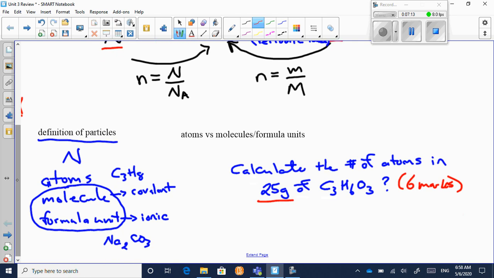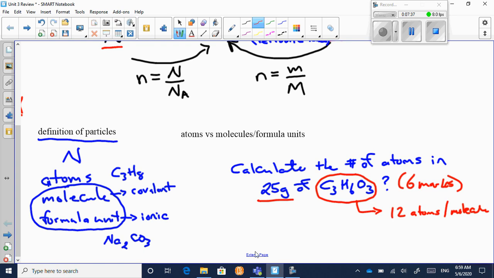But we have one last step as well, because those first 2 steps tell you how many molecules you have, but you also know that you have a total of 12 atoms per molecule. So you'd have to take your final answer and multiply it by 12.